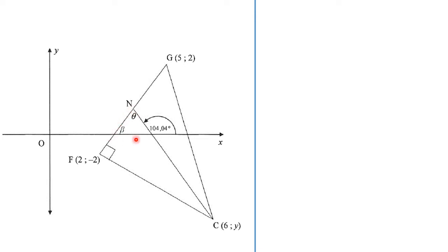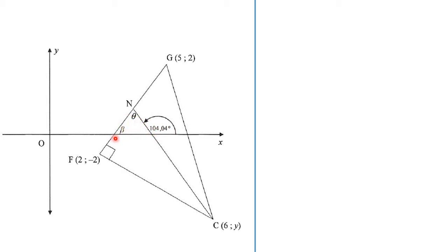From the geometry that you learned in grade 8, you remember theorems relating to triangles. This exterior angle is equal to the sum of the two opposite interior angles.